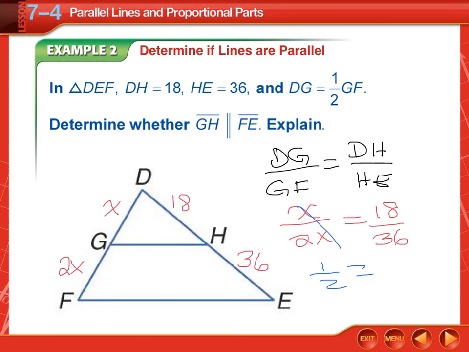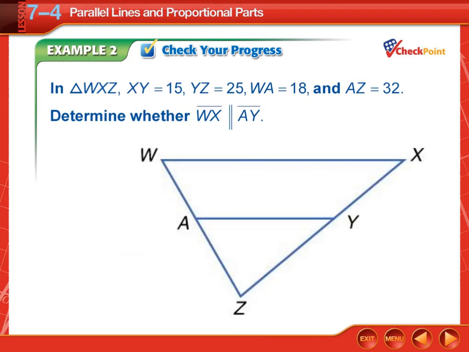Is that the same thing over here? And it is. So they are proportional, and we can conclude that these two segments must be parallel. So we can mark those as parallel as a conclusion. Next problem is very similar, so I'm going to let you use the converse theorem here to prove these lines are parallel on your own.